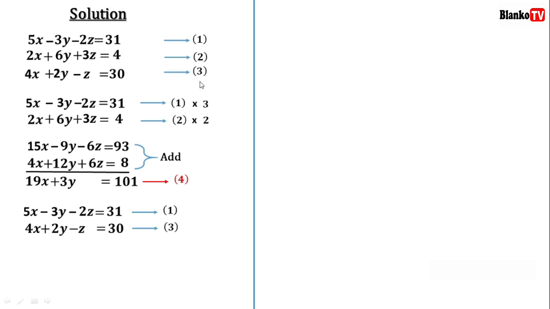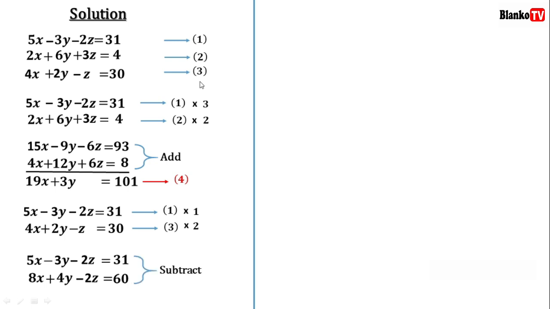Okay, so let's multiply equation 1 by 1, and then we multiply equation 3 by 2. And when we do that, we are going to get 5x minus 3y minus 2z equals 31, and then 8x plus 4y minus 2z equals 60.